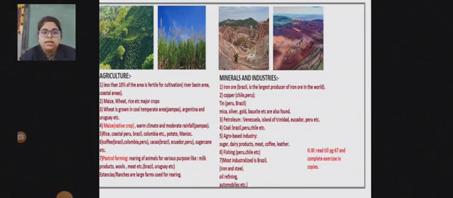Coffee is also grown in South America, in places like Brazil, Colombia, Peru, etc. Talking about chocolate, the cacao part, Brazil, Ecuador, Peru, and sugarcane. These are the important crops which are grown in South America.